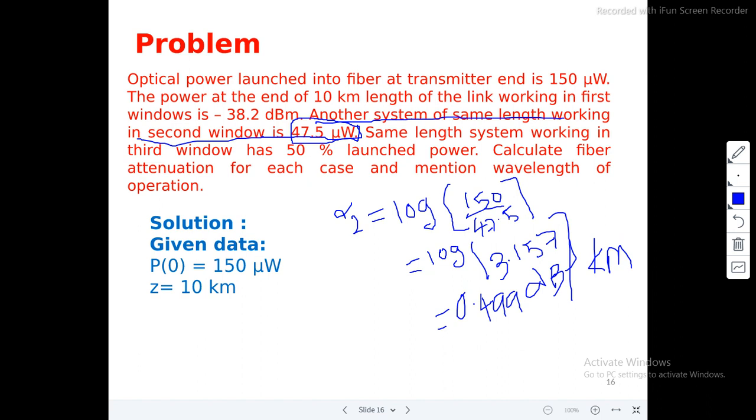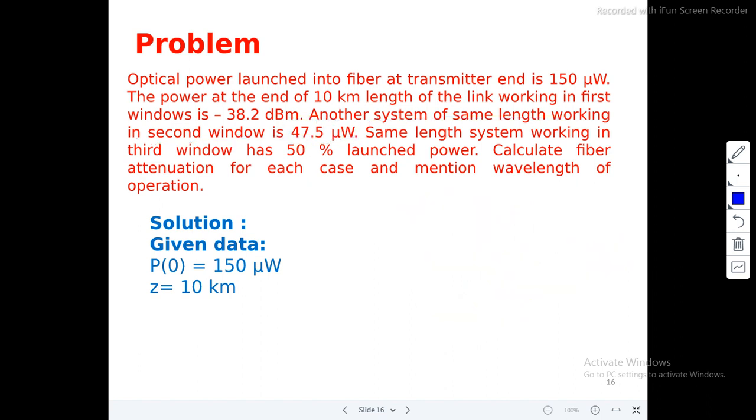You also calculate for the third window technique. In the third window technique, what is the condition given? The same length system working in the third window has 50% of the launched power. So here the output power is only 50% of the launched power.